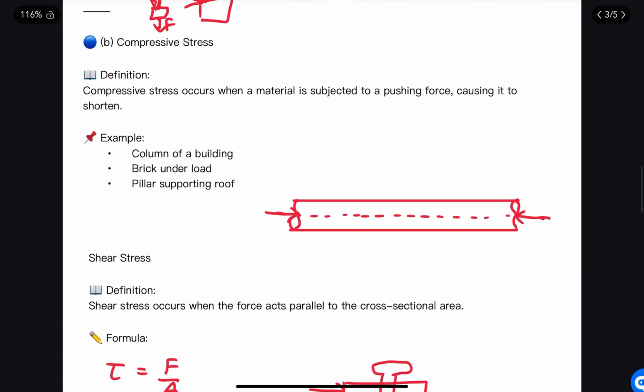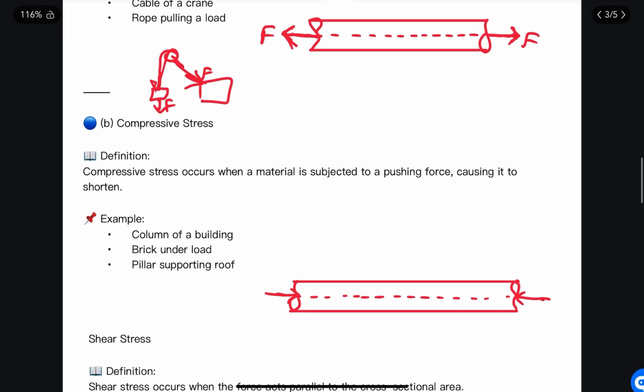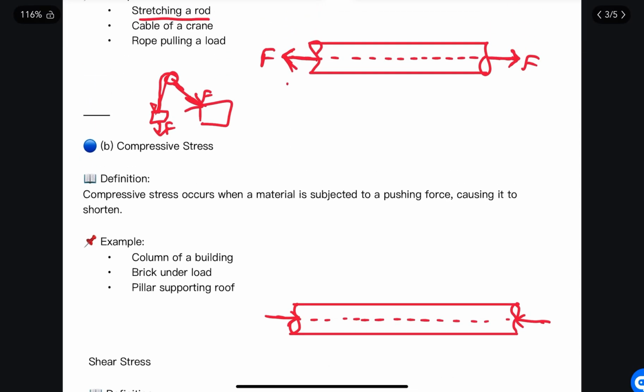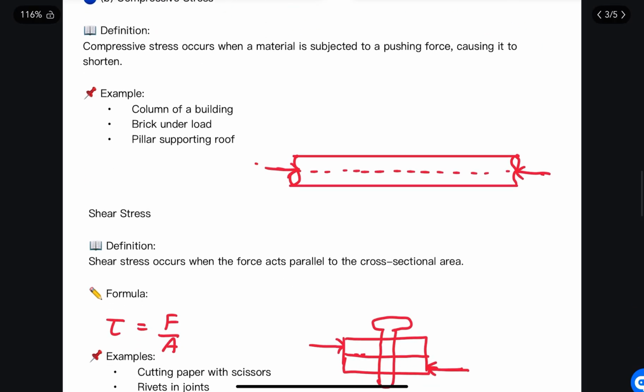So let's talk about the second one. What is the compressive stress? Compressive stress is the same thing but in the different direction. In the tensile case we pull the force outward, but in the compressive case the force is applied inward on the surfaces, like this. It's a pushing force.